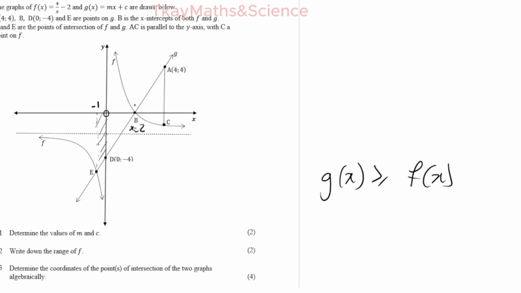But soon after crossing here, let me just put a dotted line. Soon after crossing the point B here, we can see the values of g of x are now higher. This one is going down, this one is still going higher. So the y values of g of x are becoming greater than these ones which are going down, which are already also in the negative.